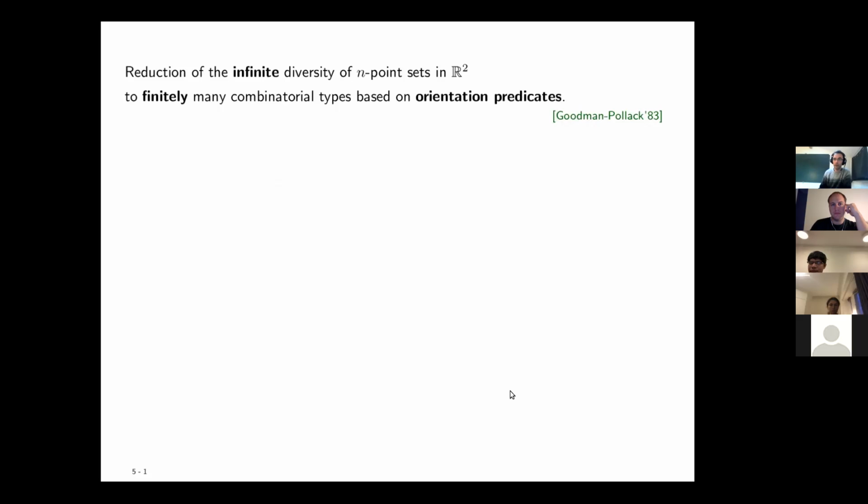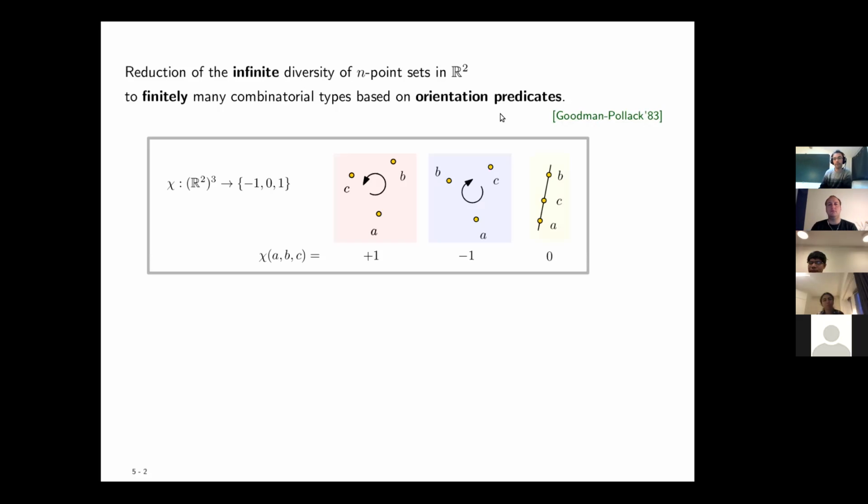One way to define them is to introduce what's called the orientation predicate, which is just the generalization of the pairwise comparison that we saw on the real line. Given an ordered triple of points, the orientation is a map that assigns it a sign that is -1, 0, or 1, depending on how the third point is positioned compared to the line through the first two points.